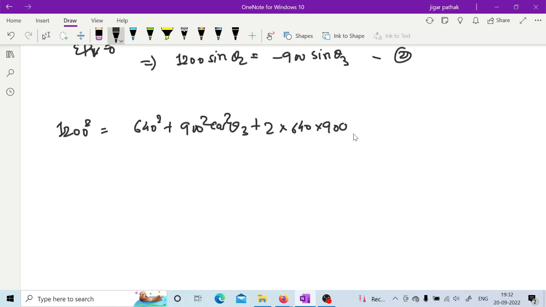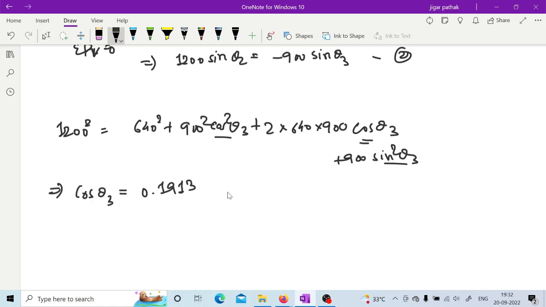Here again, sin square theta 3 plus cos square theta 3 will be 1, so you will be able to find the value of cos theta 3. So from this you will have cos theta 3 equal to maybe 0.1913. When you solve this, as you are not having any sign, we have to consider both possibilities for theta 3: 79 degree or 281 degree.